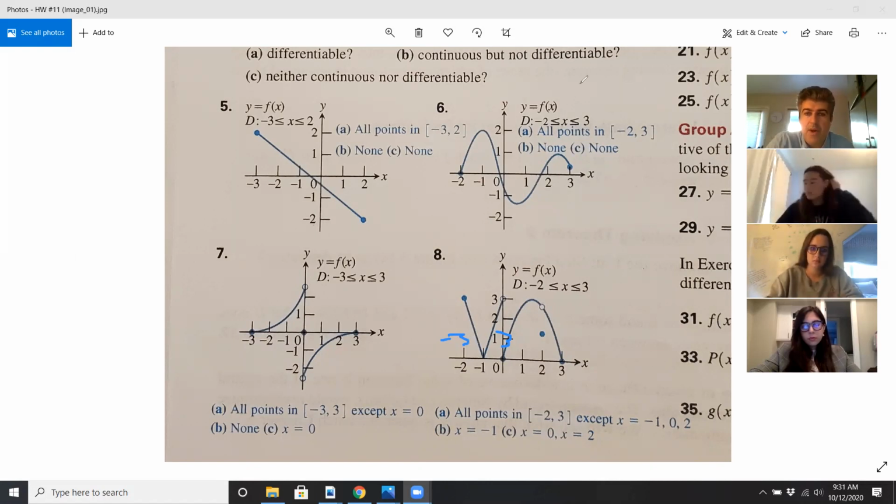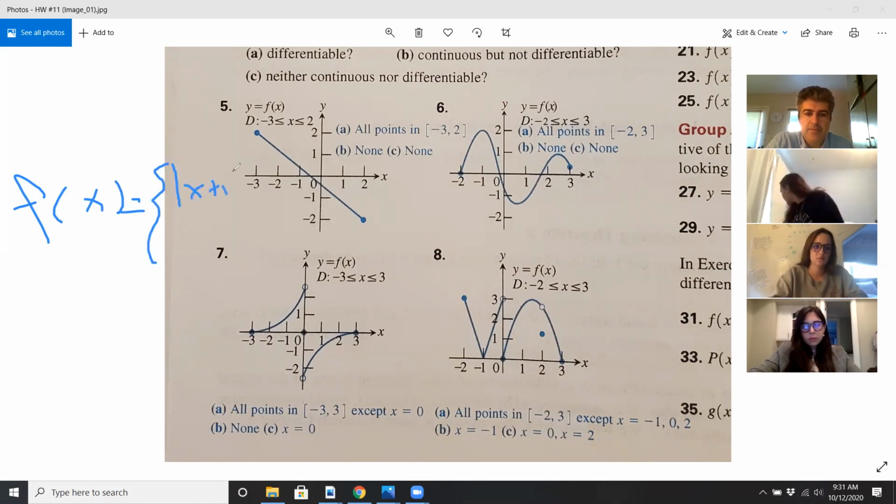If I want to write a piecewise function for number 8, I could have written f of x equals the absolute value of x plus 1 from -2 to 0, and then this is a parabola afterwards. Or I could have done this.